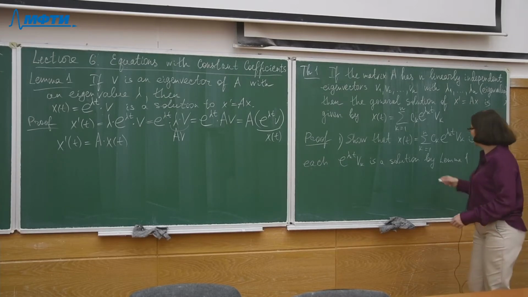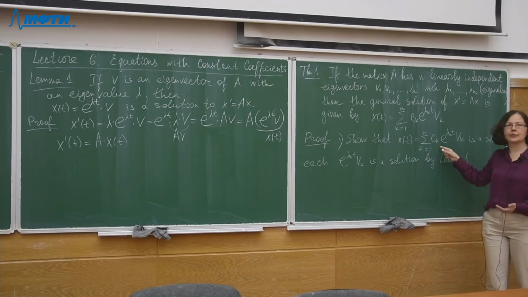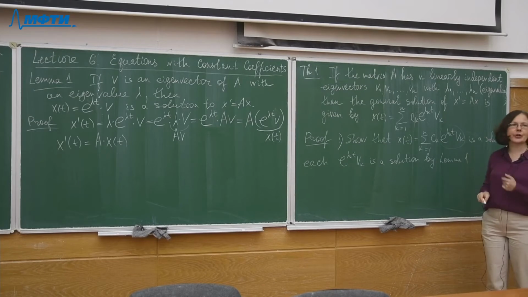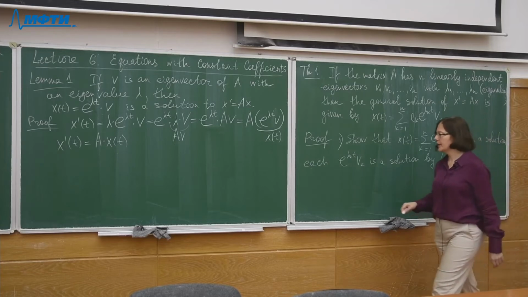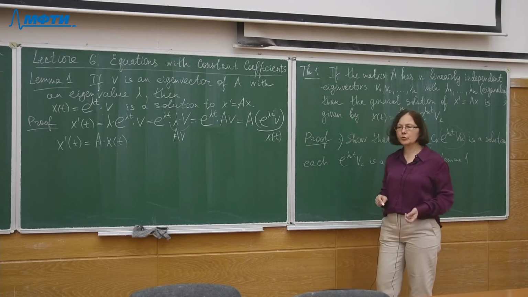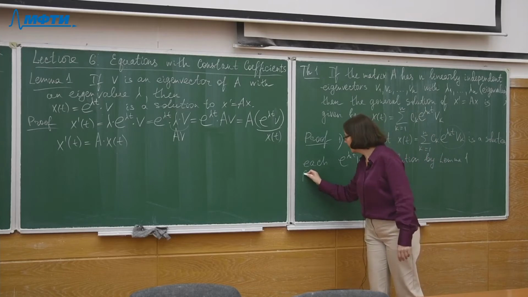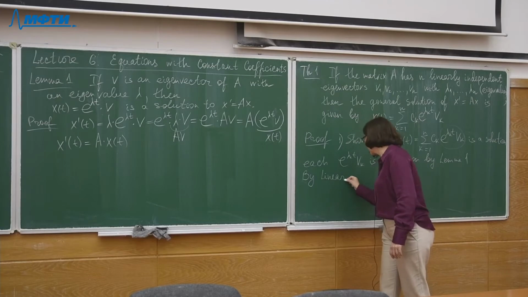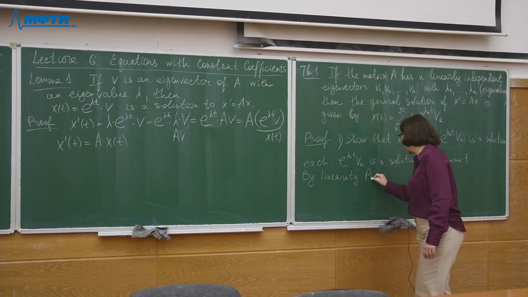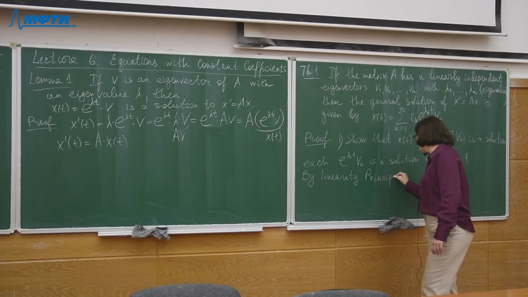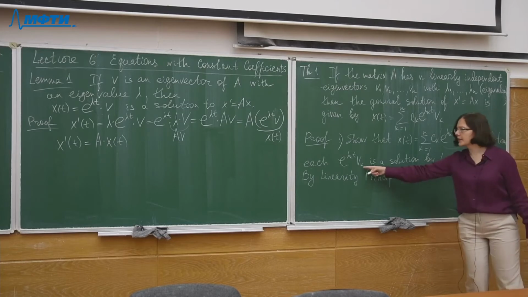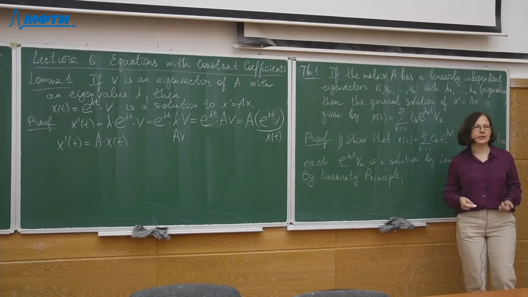Next we take the linear combination of these functions, each of which is a solution of our differential equation. So next we can apply the linearity principle, right? By the linearity principle proved last seminar, the linear combination of solutions is a solution of a homogeneous differential equation.